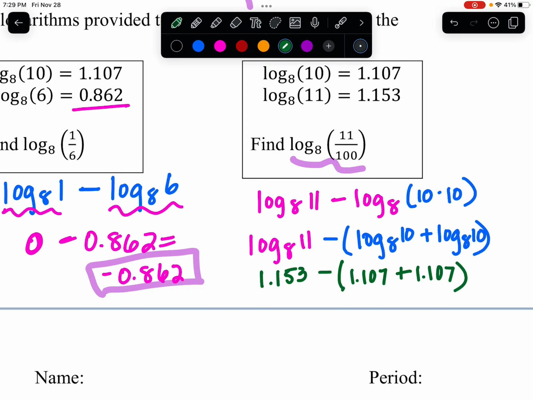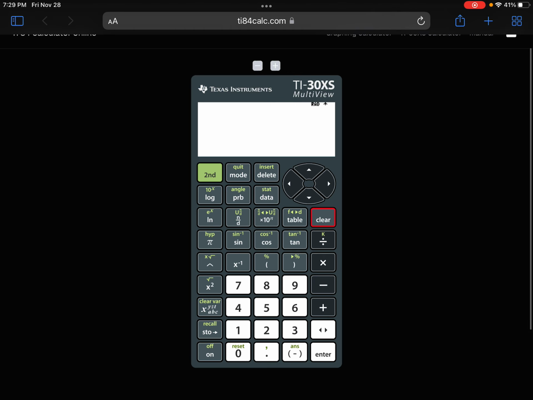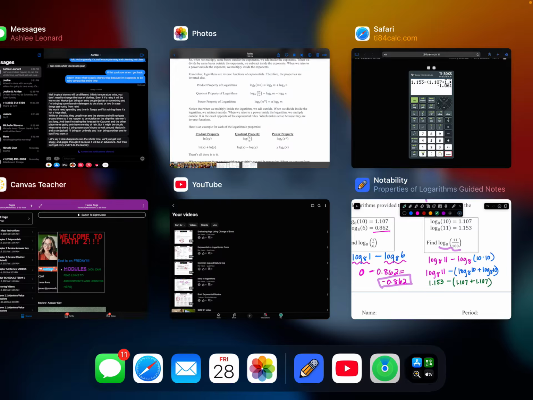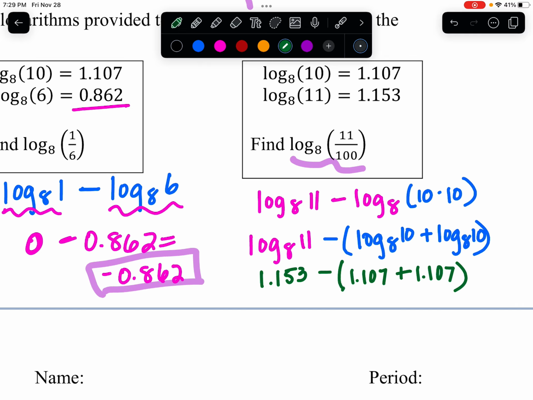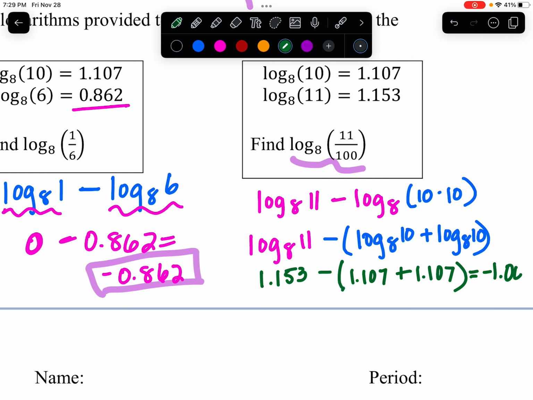And if you don't, I guarantee you will get the wrong answer. Negative 1.061. And that's your answer.